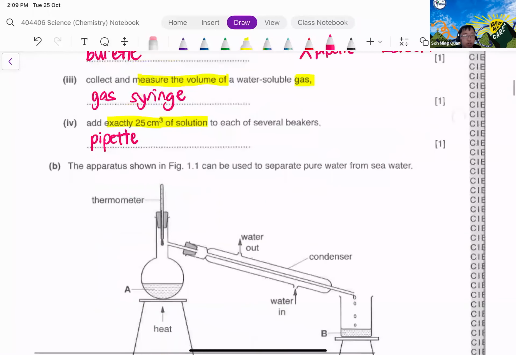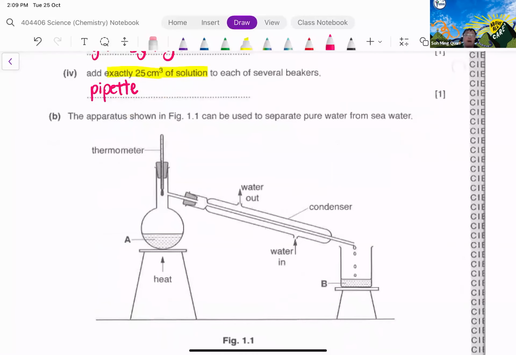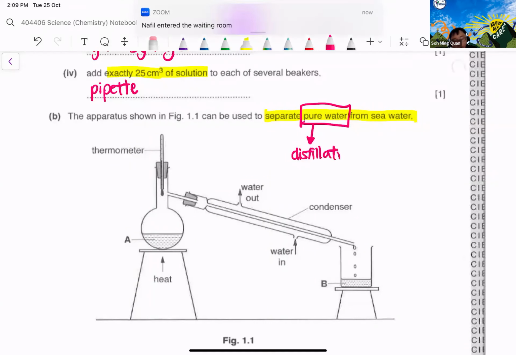Okay, let's go quickly through to question 1b. The apparatus shown in the figure can be used to separate pure water from seawater. Again, highlight the keywords. The keywords are always the chemical names. Pure water, seawater, these are chemical names. So once you know it's to separate pure water, immediately you know it's separated by the method called simple distillation, or distillation for short.